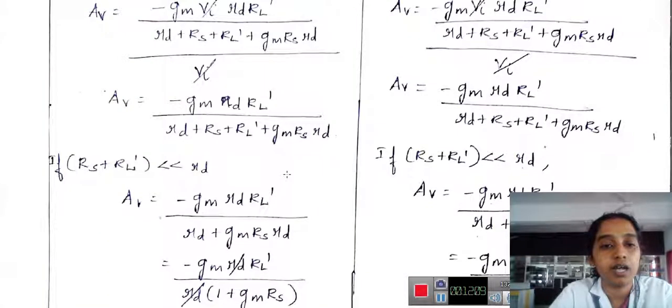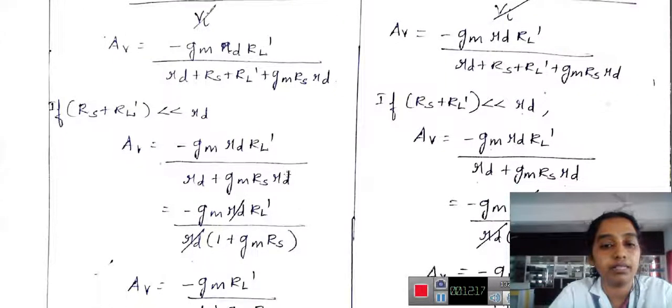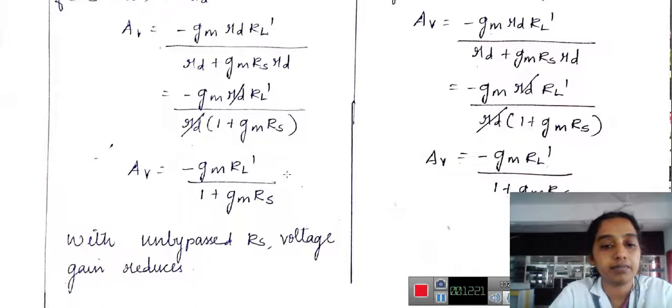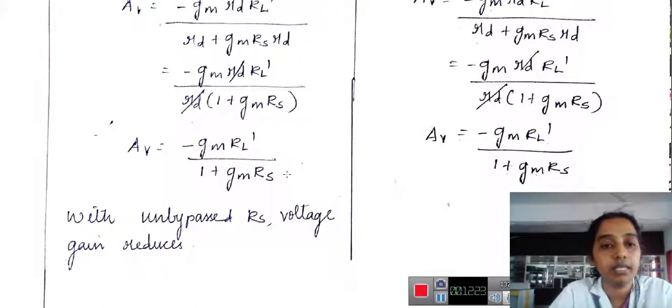If I consider RS plus RL dash is very small compared to RD, I can leave those terms and consider only RD. RD will get cancelled. So the gain value is minus Gm into RL dash by 1 plus Gm into RS.